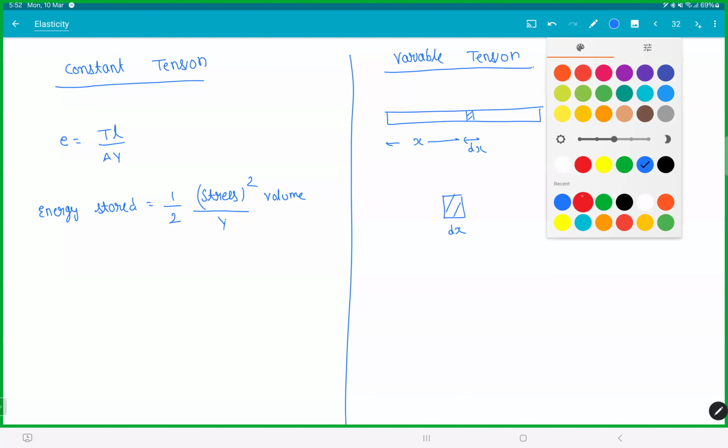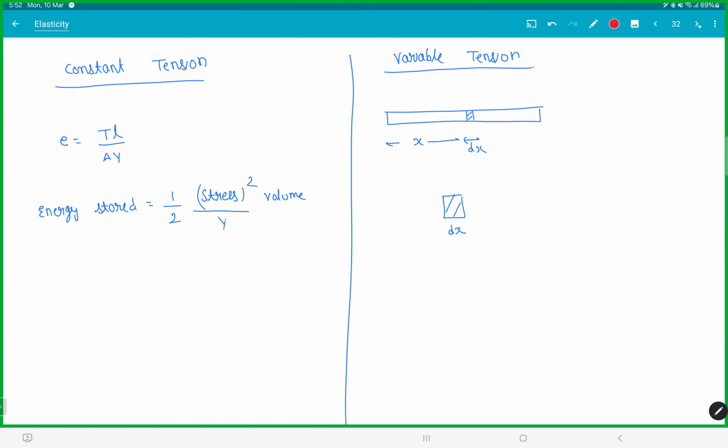Since dx is so small, I can assume tension is constant, and let the elongation be dE in this small rod. That is the whole point of integration: you take such a small slice that you can think it is constant. It does vary, but by a negligible change. So you have taken a small rod dx, and dE is the elongation in dx.